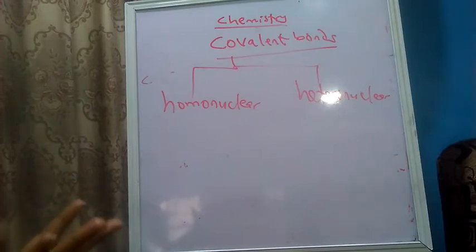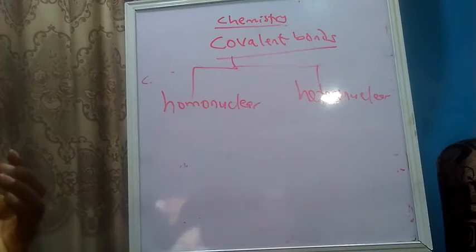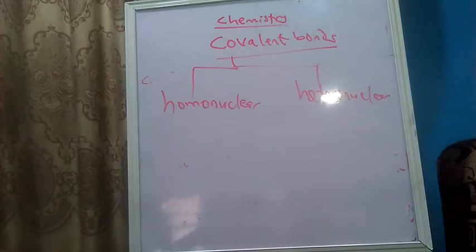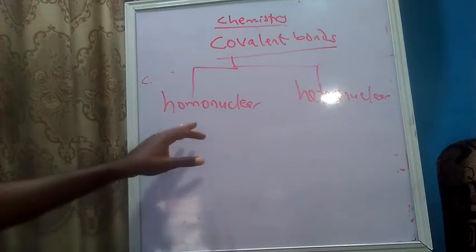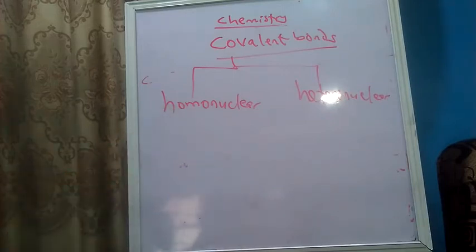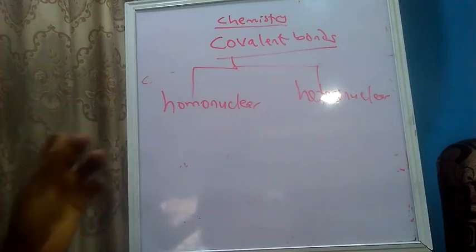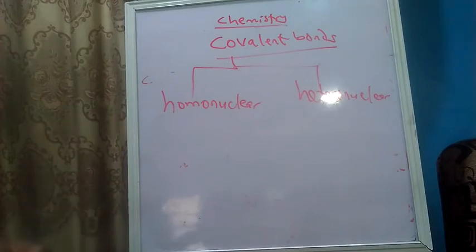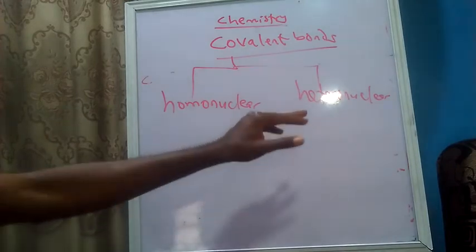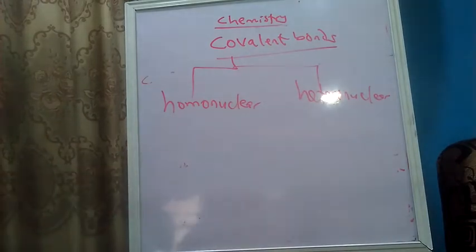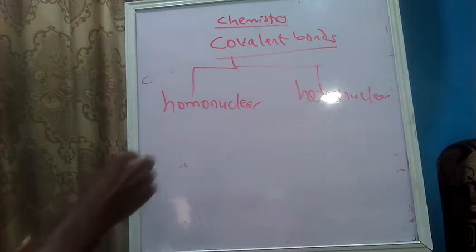If the covalent bond holding two of the same atoms together is present, it's called a homonuclear covalent bond. Whereas the covalent bond holding two or more different atoms together is called a heteronuclear covalent bond. Okay, so let me give you an instance.